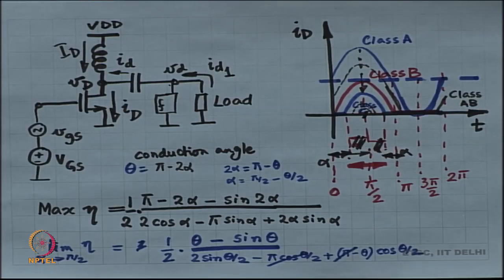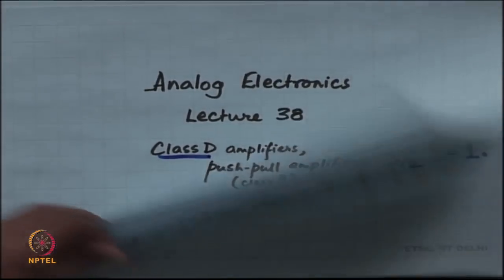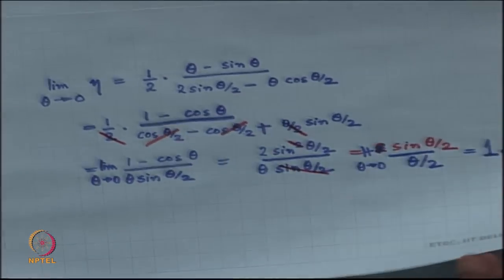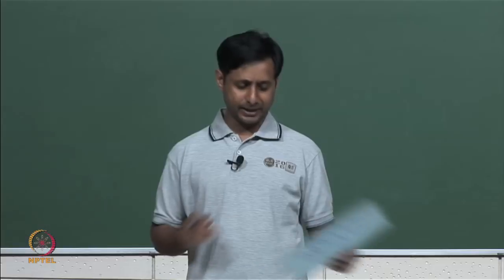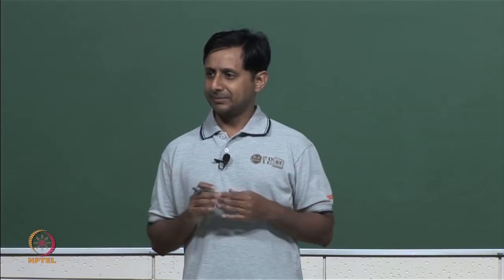Okay. So, this limiting case of the amplifier is called a class D amplifier, where your conduction angle drops all the way to 0. Now, what does that mean?